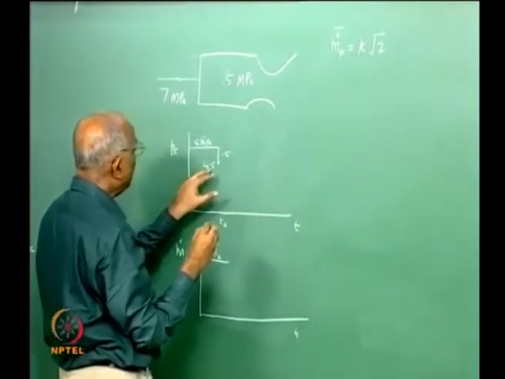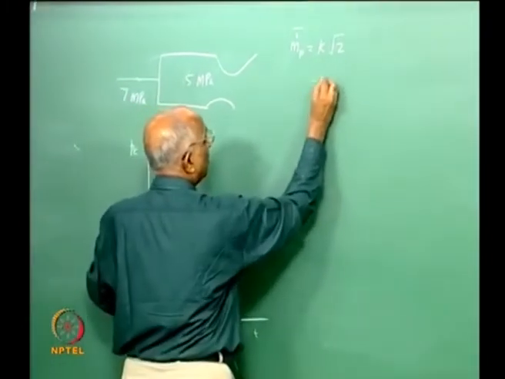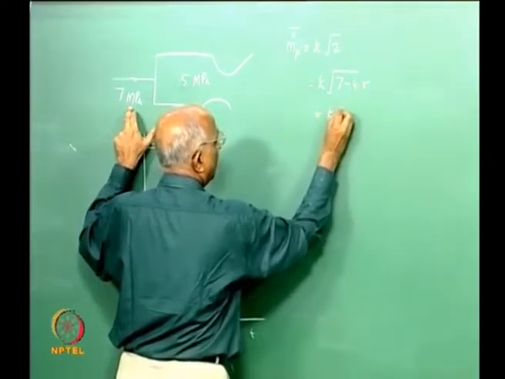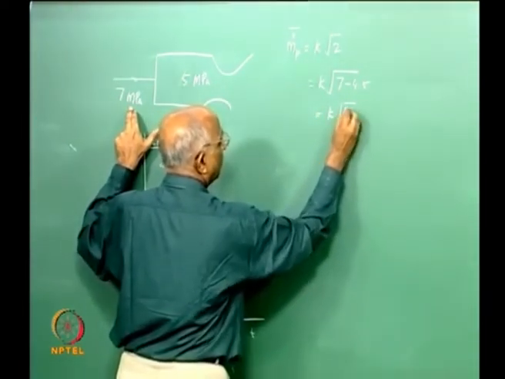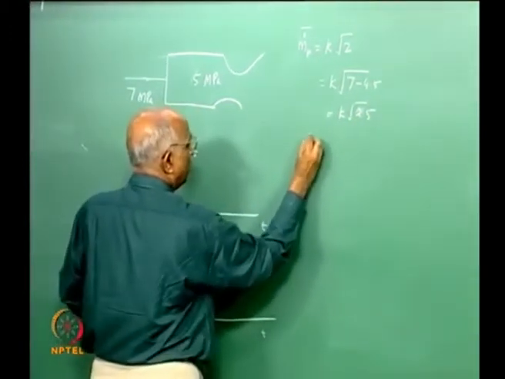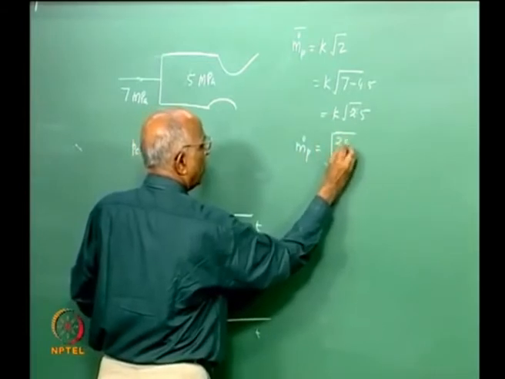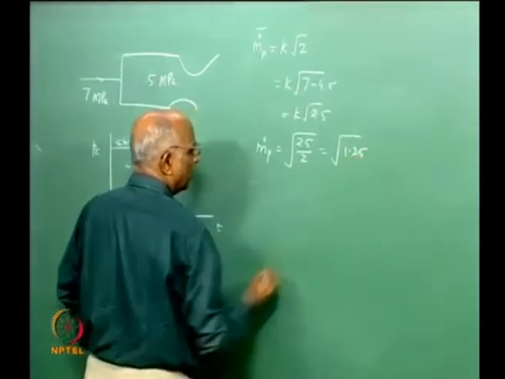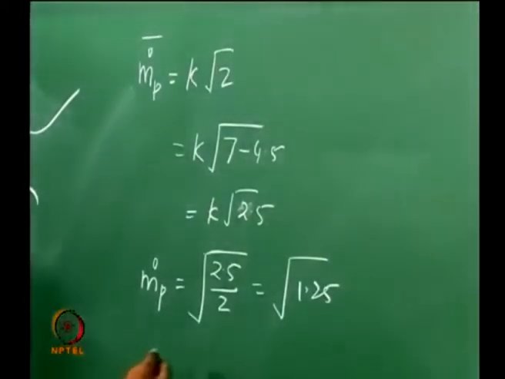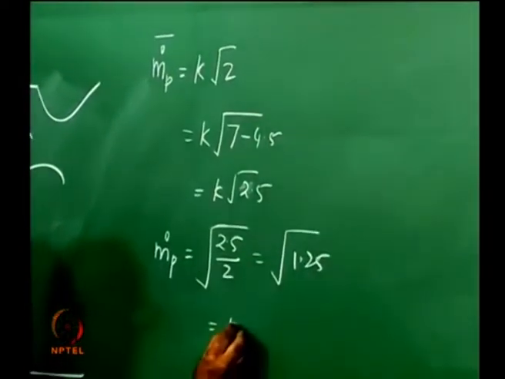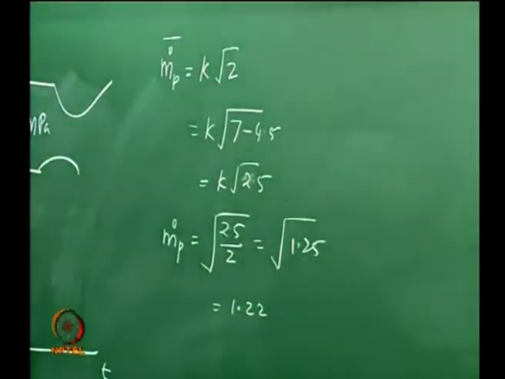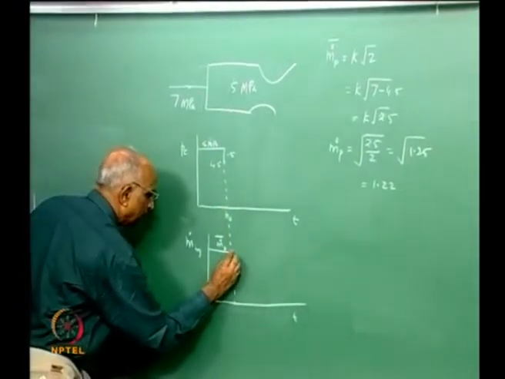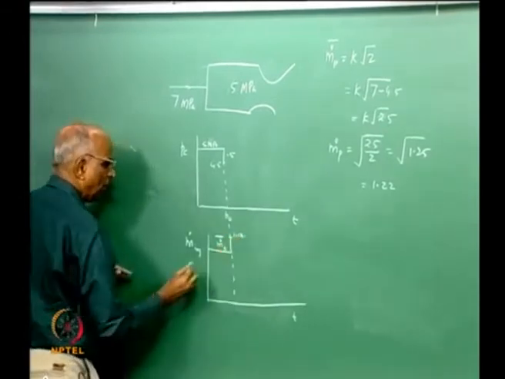When the chamber pressure has got reduced to 4.5, it is going to become k into root of 7 minus 4.5, that is k into root of 2.5. So the new value of m dot p is going to be root of 2.5 by 2, which is root of 1.25, which is approximately 1.12. Therefore at this point t0 it increases to 1.12 times the value of m dot p.